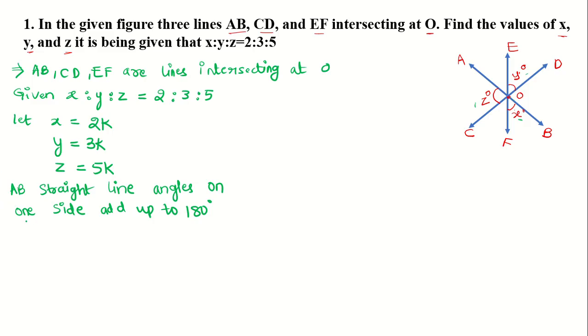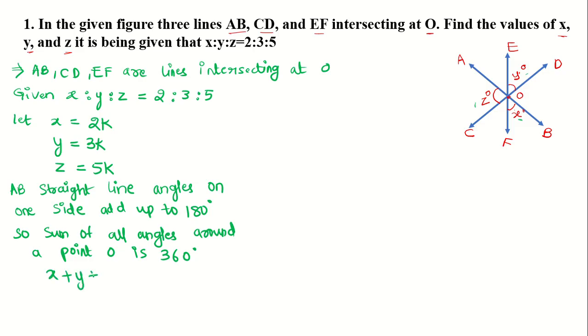So sum of all angles around a point O is 360 degrees. Now x plus y plus z are the angles around point O. From the figure you can see here, around a point O we have three angles named as x, y and z. So x plus y plus z equals 360 degrees.